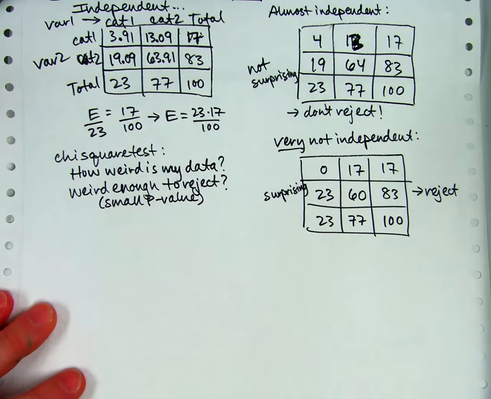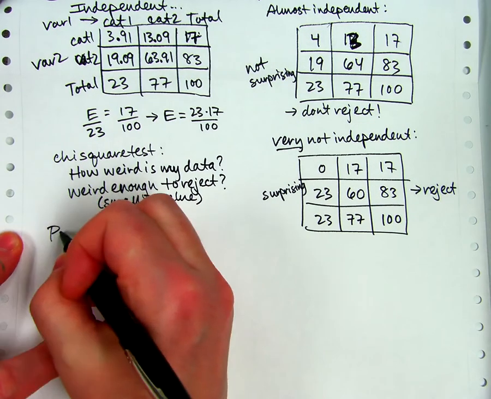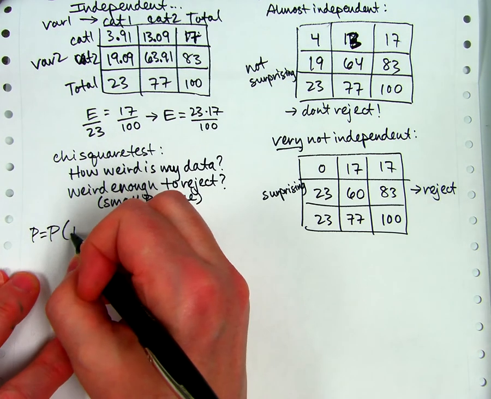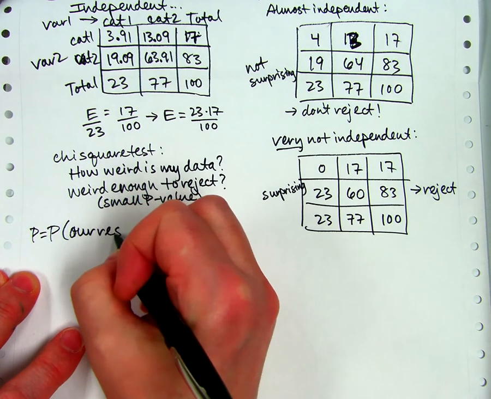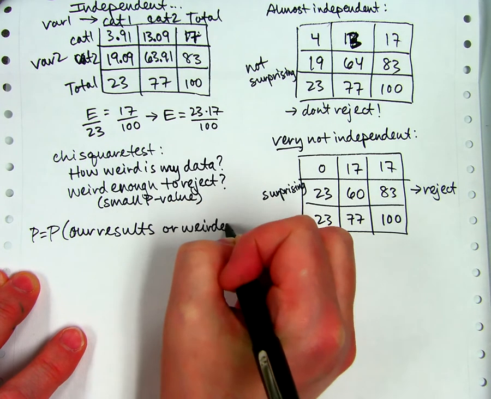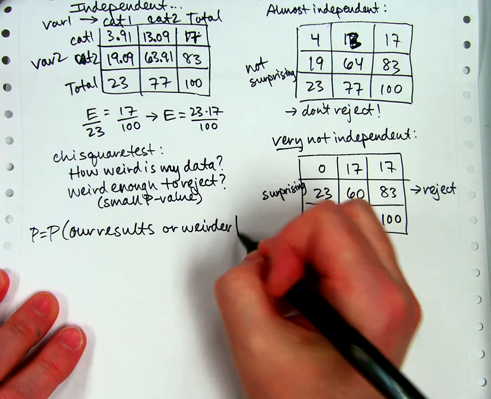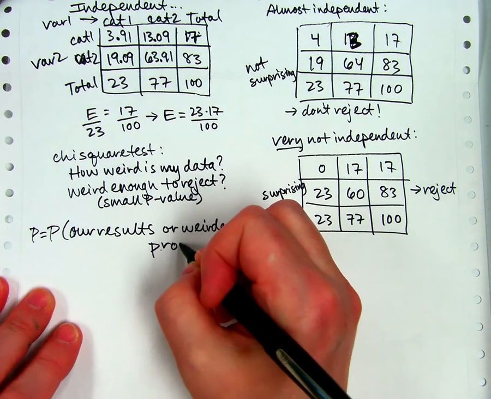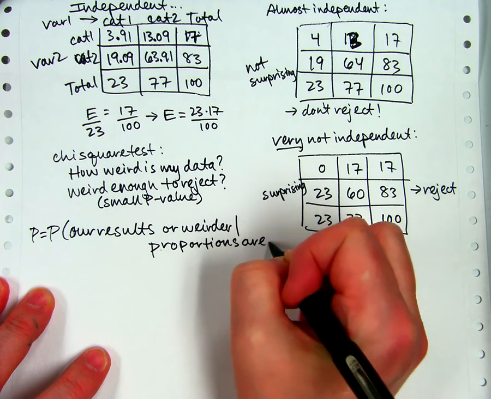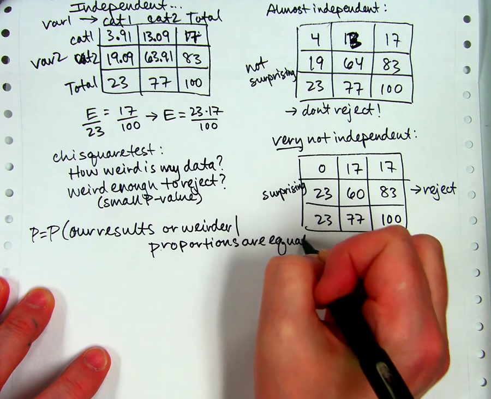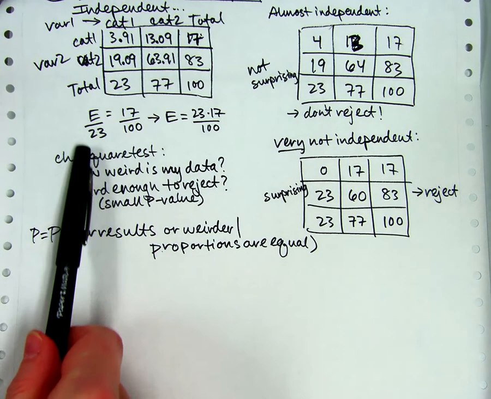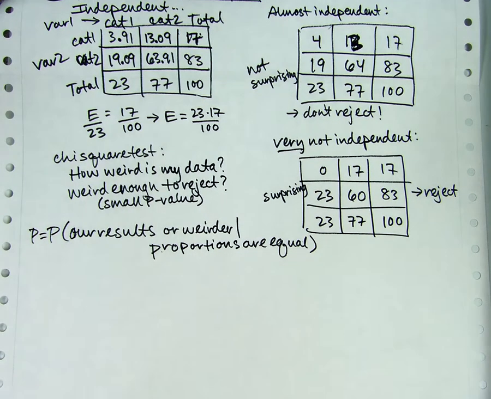And so p-values actually tell us the probability; p equals the probability of our results or weirder, given that the proportions are equal. And that proportions are equal thing is the null hypothesis, saying that the proportion of E over 23 is the same as the proportion of 17 over 100.